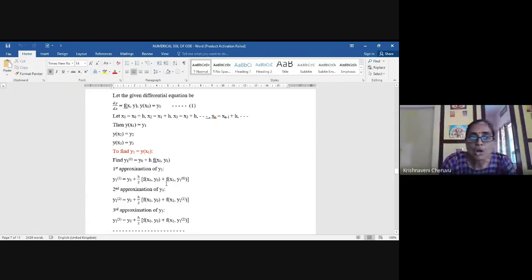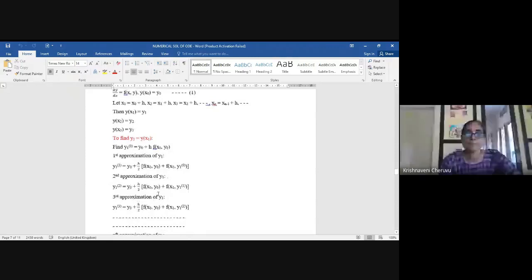Here you find f of x1, comma, y1 bracket 0 which you just found. y1 bracket 0 is nothing but y1 as you did in Euler's method: y0 plus h into f of x0, y0. You substitute that here to get y1 bracket 1, the first approximation for y1. This is not the y1 value; this is a first approximation for y1.